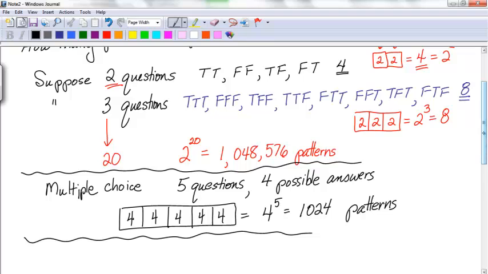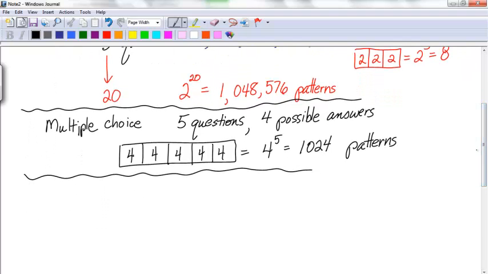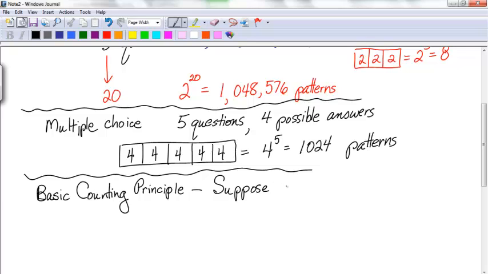So this all brings up what they call the basic counting principle, or some authors call it the fundamental counting principle. It says, suppose one event can be chosen, and that would be like choosing an answer for the first question.